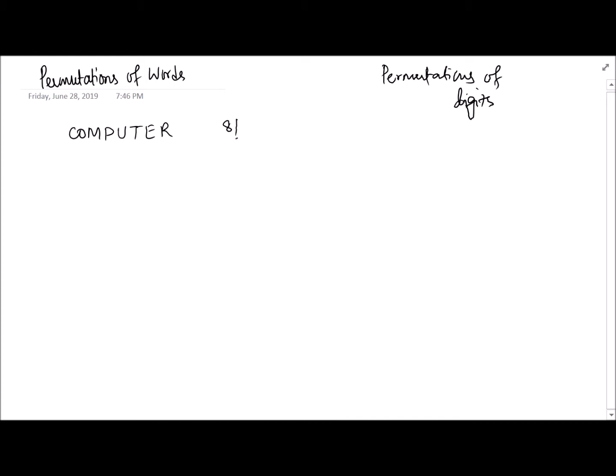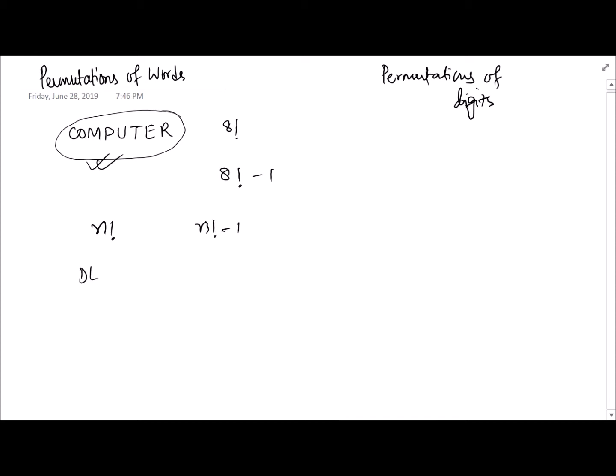But if the question is in how many ways can the letters of the word computer be rearranged, then it will be 8 factorial minus 1, because one arrangement is this word itself. So you know that for an n letter word, n factorial is the number of arrangements and n factorial minus 1 is the number of rearrangements.